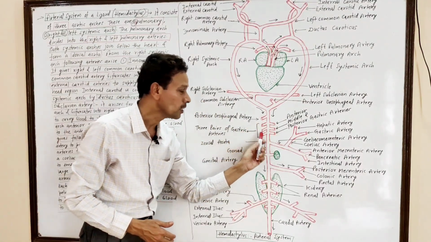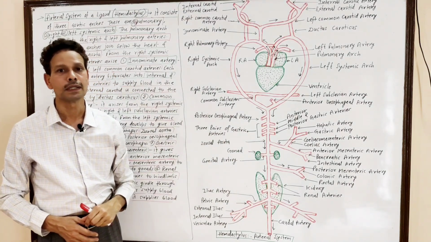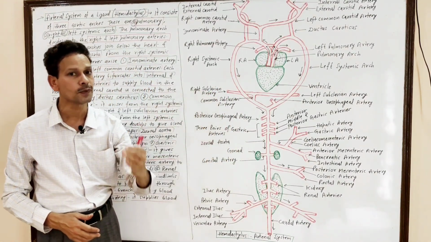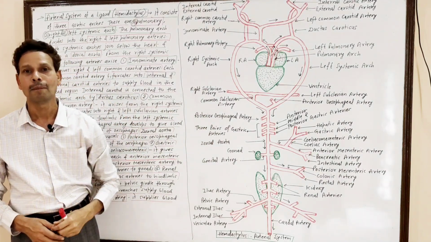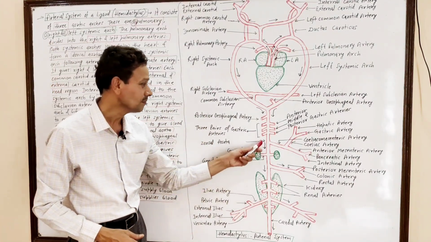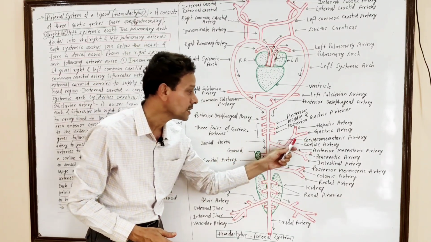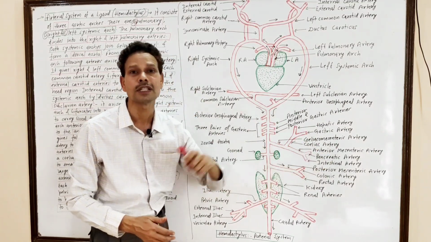Then three pairs of gastric arteries, anterior, middle and posterior gastric arteries, which carry blood to different parts of stomach. This celiaco-mesenteric artery divides into one celiac and second anterior mesenteric.